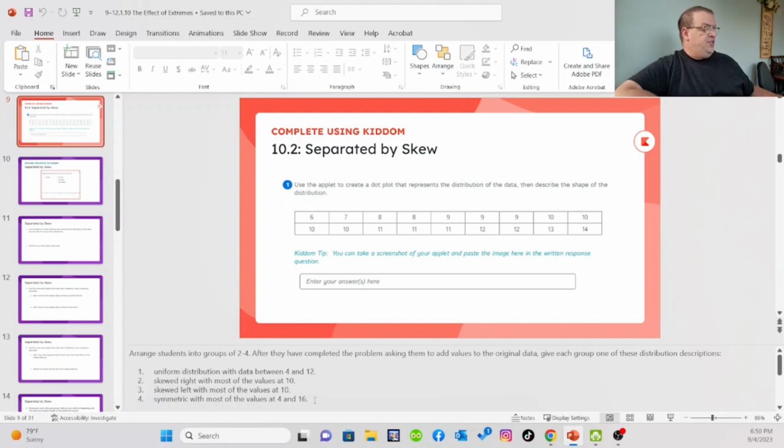And the fourth option is that it's going to be symmetric with most of the values at 4 and 16. So if you're in class, I'm going to write these on the board. If you're watching outside of the class, these 4 descriptions at the bottom of the PowerPoint here are the ones they are referring to.